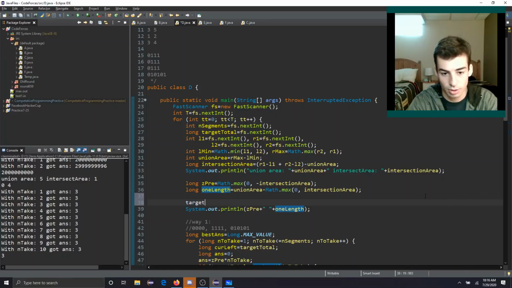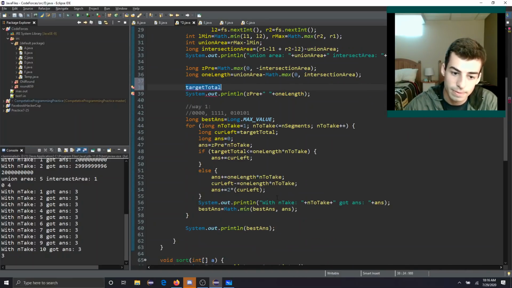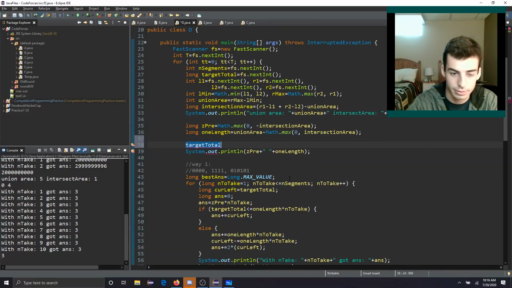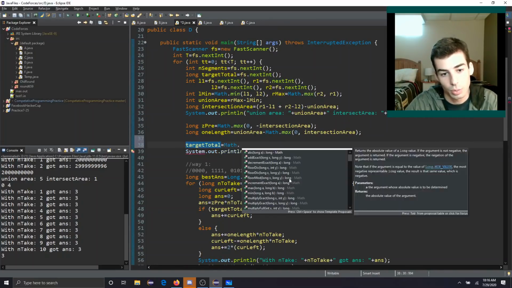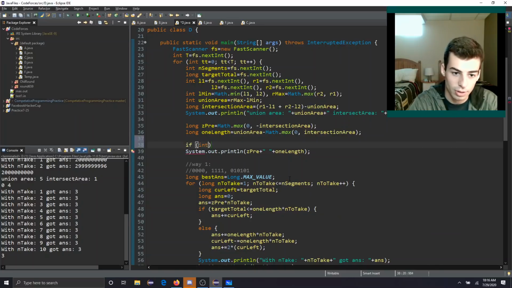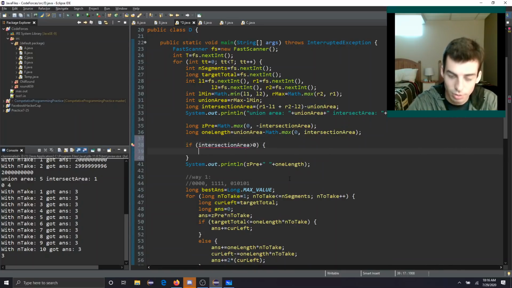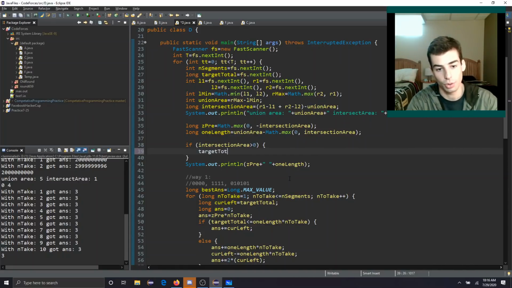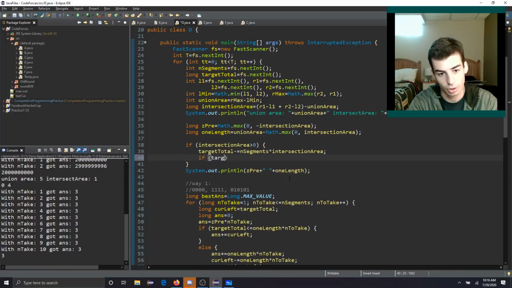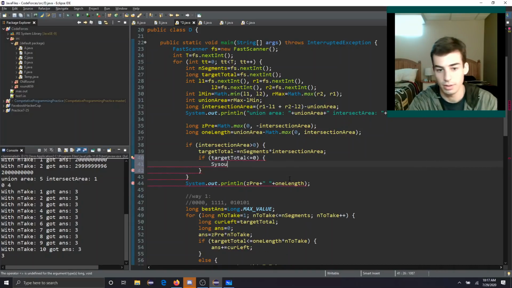Okay, so now target total equals math dot, well, okay, so if intersection area is greater than 0, then target total minus equals the number of segments times the intersection area. If target total is less than or equal to 0, print out 0.